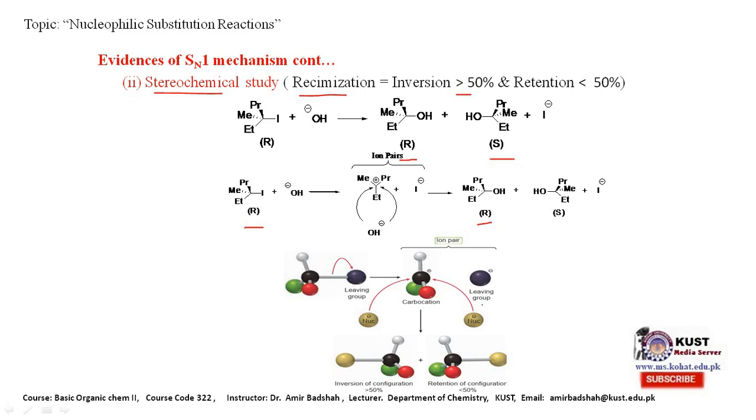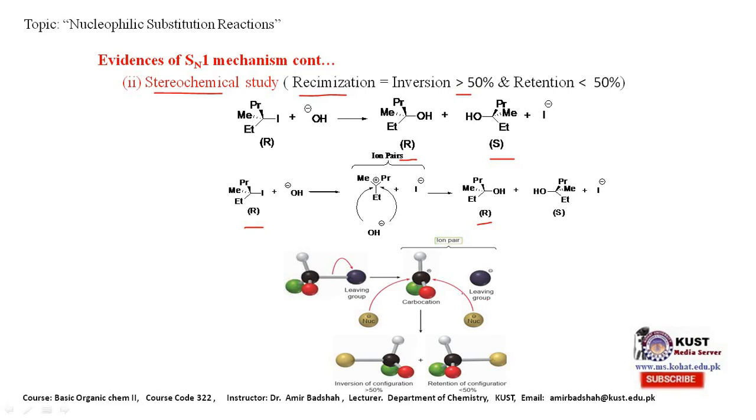Why is it so? What is the reason? This is due to the ion pairs which are present here. The leaving group is also here in the proximity, along with the positive ions. So this leaving group can produce a hurdle in the attack when a nucleophile attacks from the front side, so that's why its concentration is a little bit less.